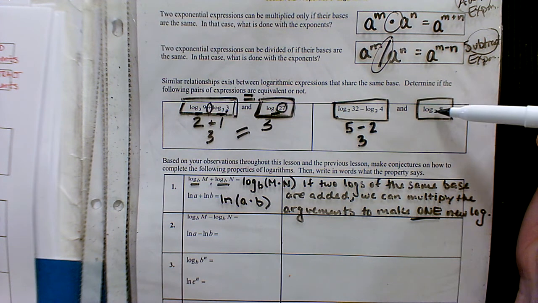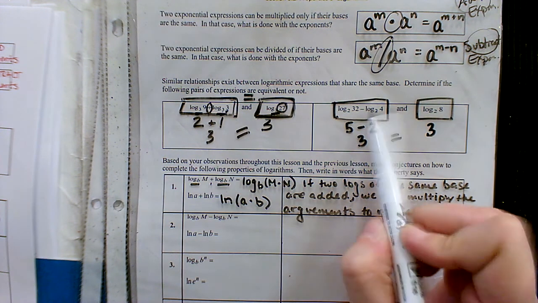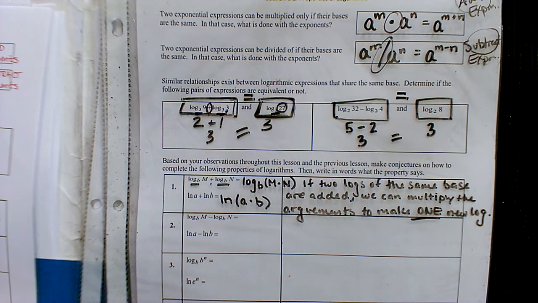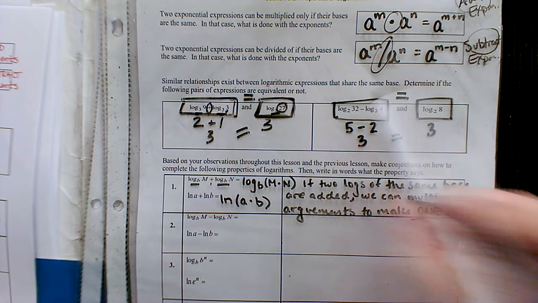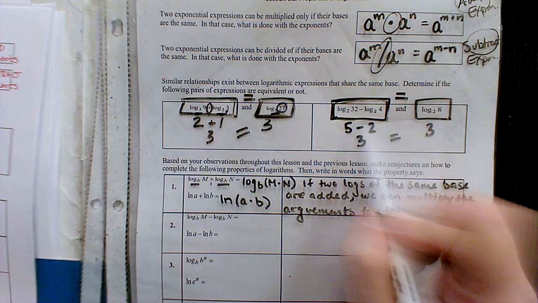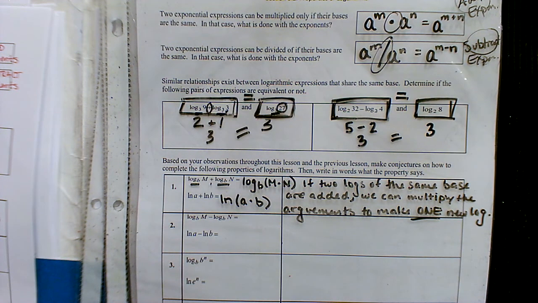What power do we have to raise 2 to get 8? 3. So again, notice how these results are equal. So these 2 log expressions should be equal, the same. So can you think about what we can do to these 2 logs to turn them into this one single log?